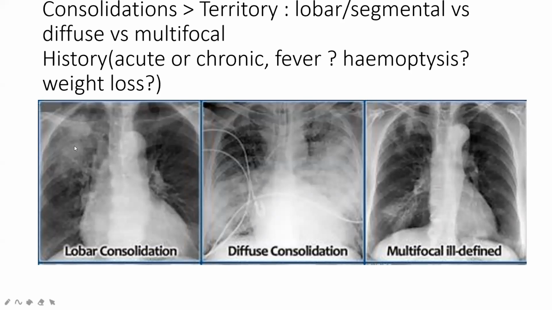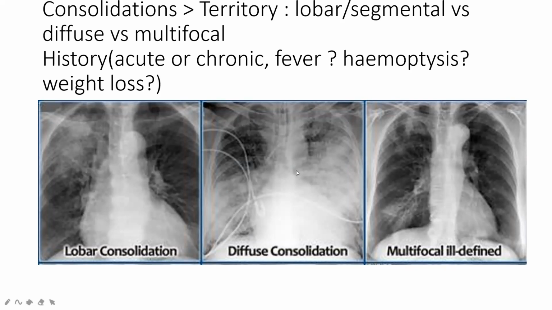What territory are they in? So this is a lobar consolidation on the left picture. It is a right upper zone consolidation, which most likely could be either an infection or cancer. Sometimes we have diffuse consolidation, as you can see in the middle picture.